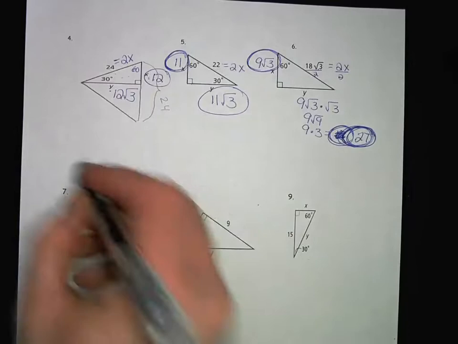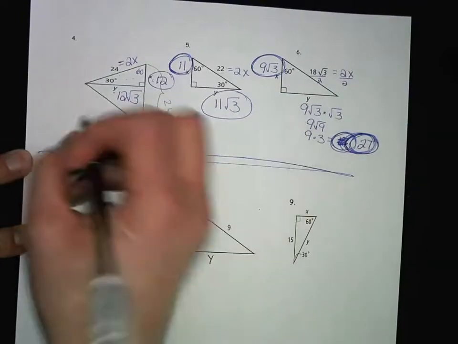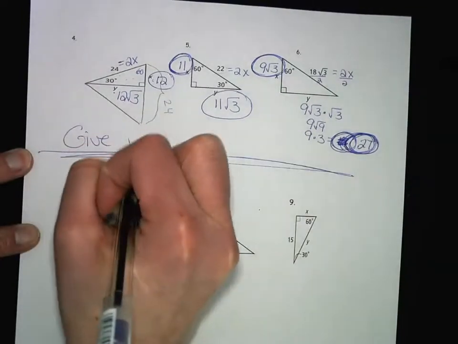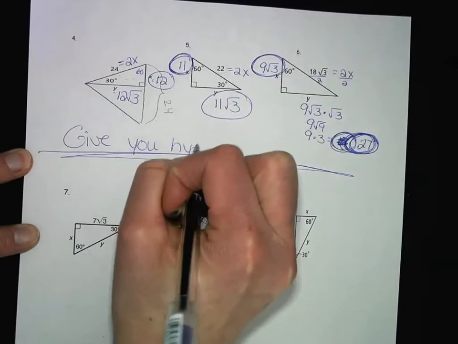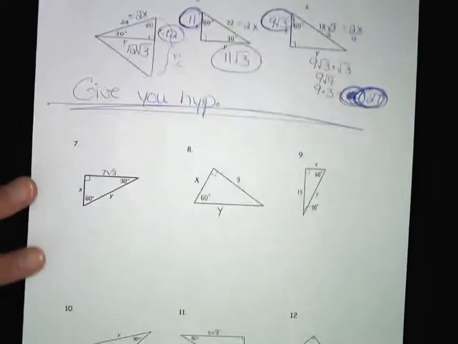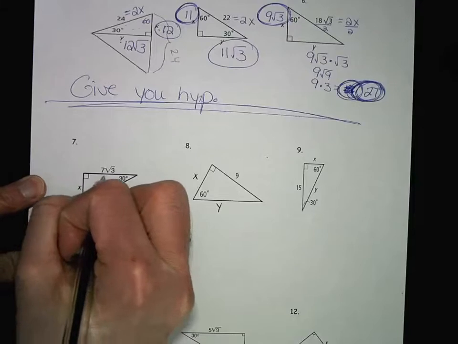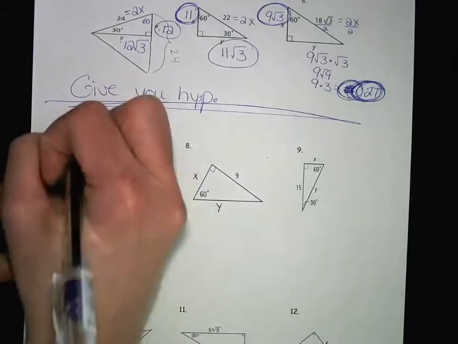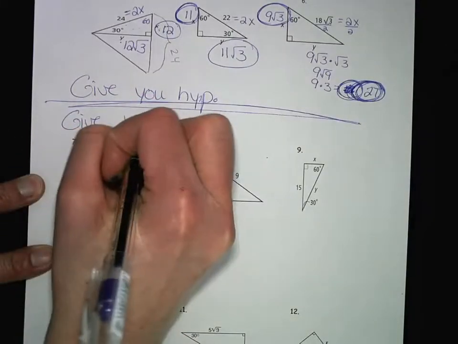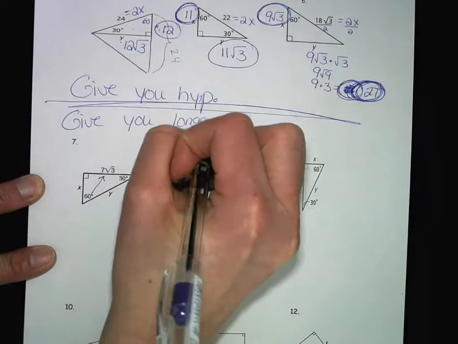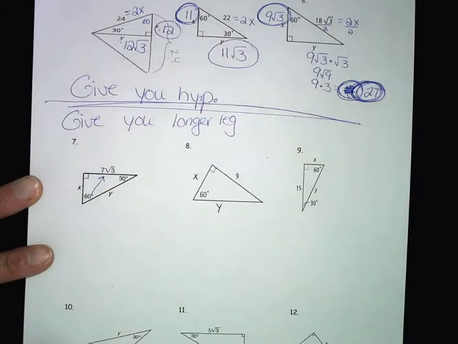So if you notice, this whole section right here is when they give you the hypotenuse, okay? If you notice in the next section, they're giving you the one across from the 60. So now they're giving you the longer leg, okay?